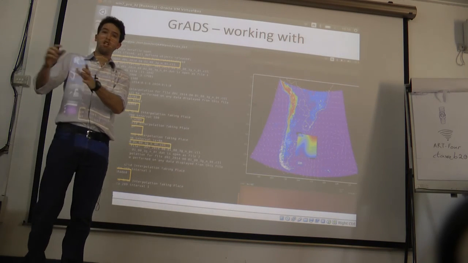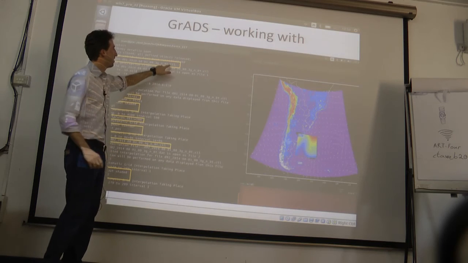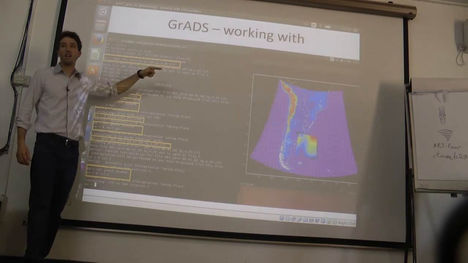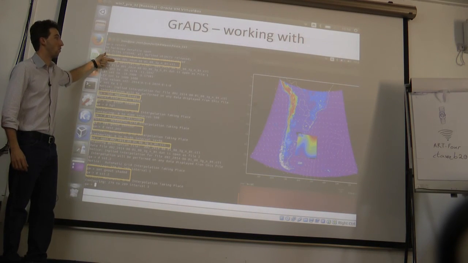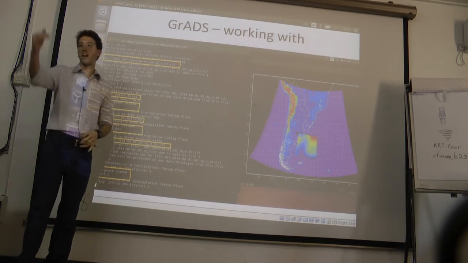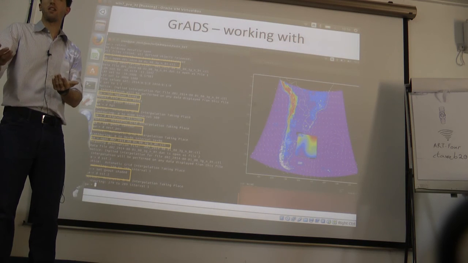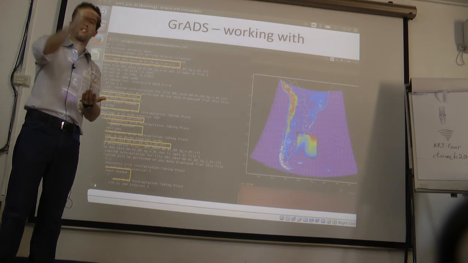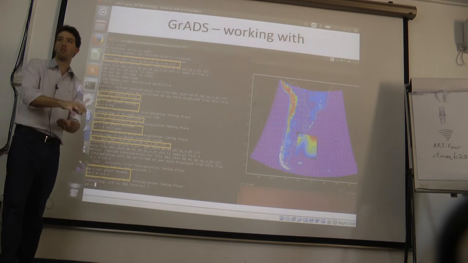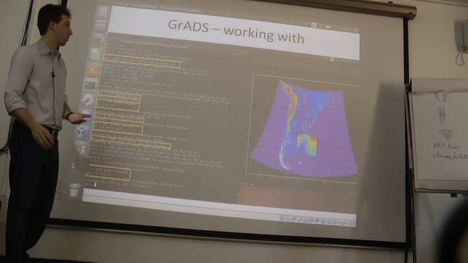ARW post will create this CTL file, and GrADS reads this CTL file. The CTL file is a text file that tells GrADS what is inside the binary file from the WRF.